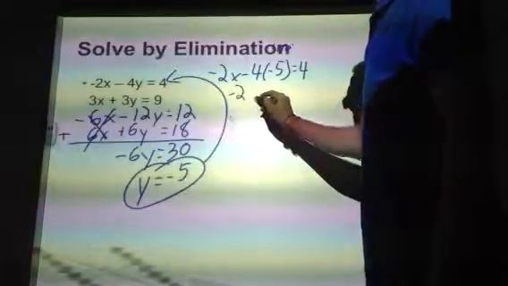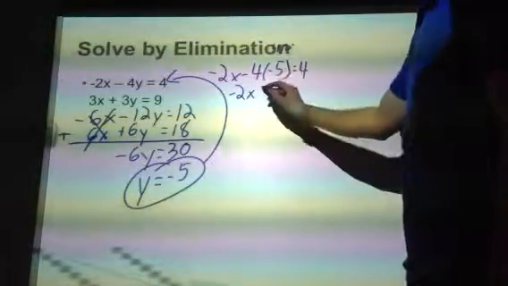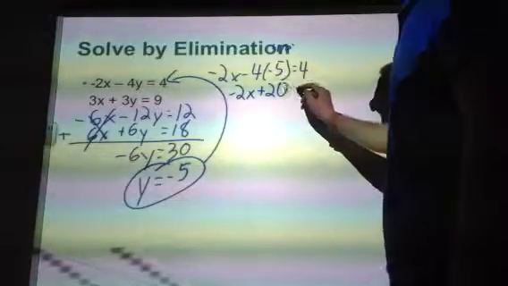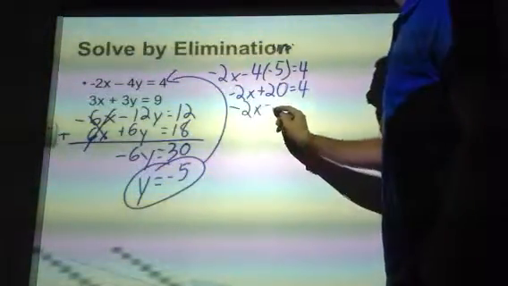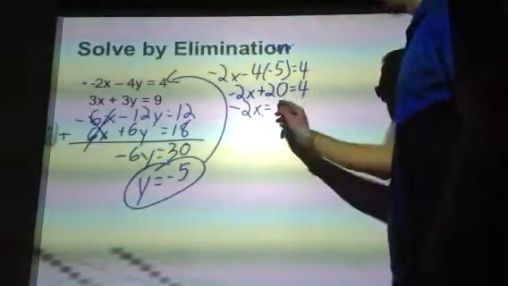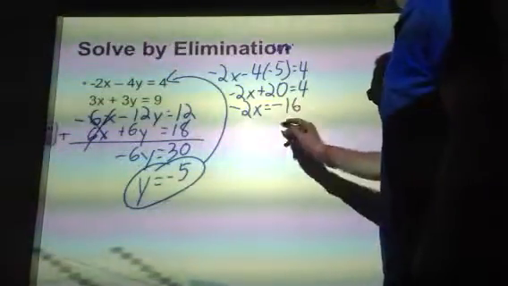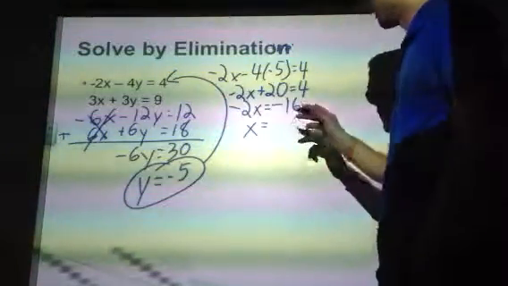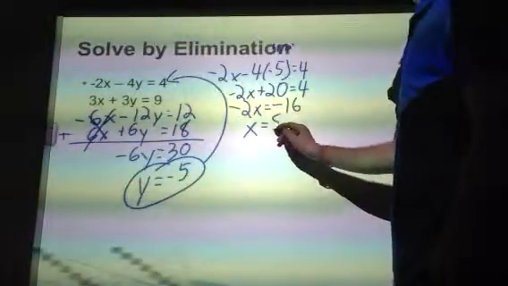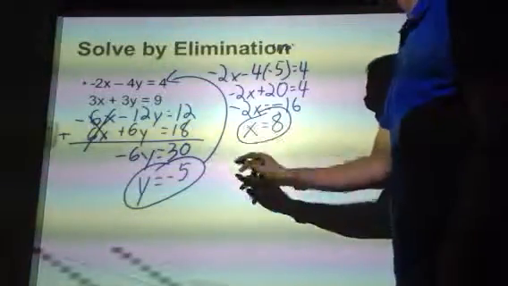Alright, so that'll be -2x. -4 times a -5 is going to be a positive 20. That's going to be equal to 4. So that's going to be -2x equals, subtract 20 on both sides. So that'll be -16. Divide by -2 on both sides, -16 divided by -2. Negative divided by negative is a positive. So x is going to be 8.